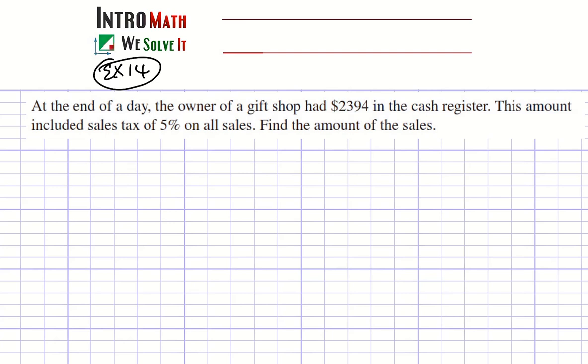In short, you take 5%, multiply by 2,394, you get an amount, and then you subtract that amount from this, and you get the amount of the sales without the sales tax.